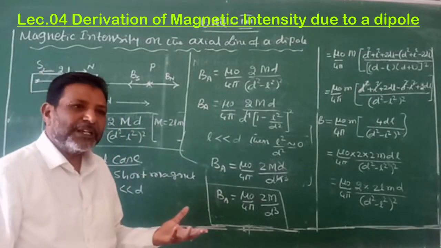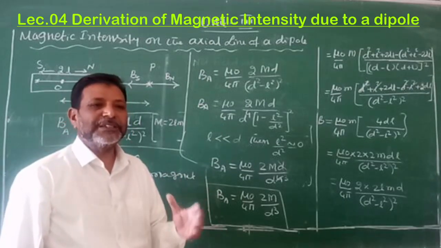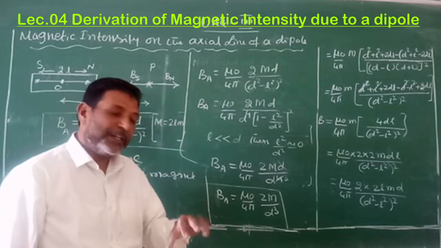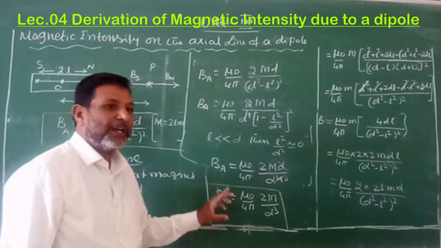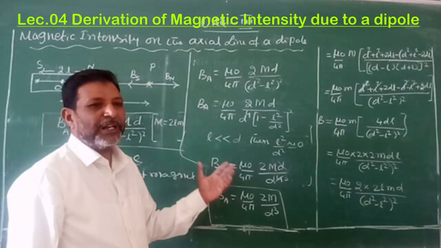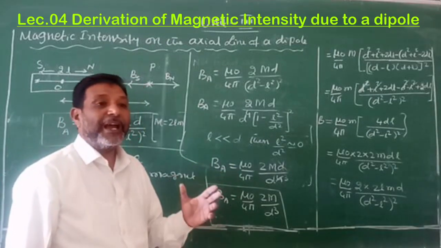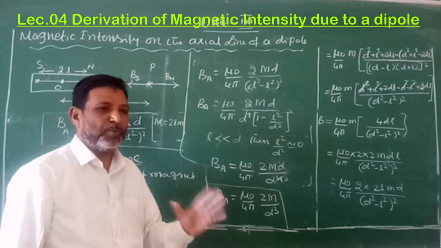In some cases, if the length of the magnet is not given, then it is understood that it is a short magnet, and you have to use this one. Therefore, using either formula, you can calculate the magnetic intensity at any point on the axial line of a dipole.